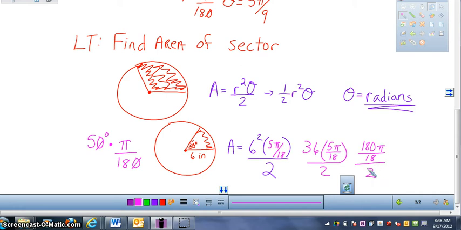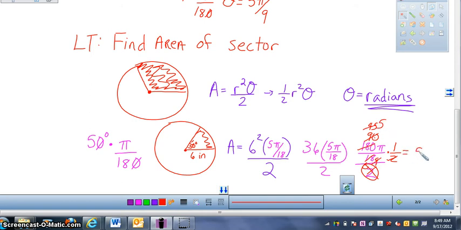I can simplify, and depending on how you wrote it, dividing by 2 is the same as multiplying by 1/2, so that can help you. And you can now simplify this, so if I multiply by 1/2, this becomes 90, and now I have 90 over 18, so I could divide them both by 2, that's 45 over 9. And if I divide one more time, that's 5 pi.